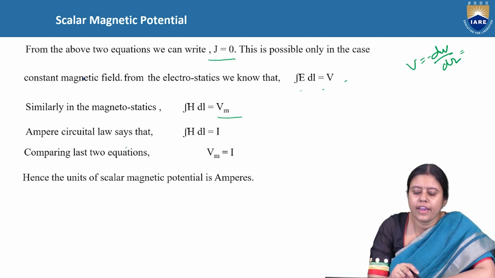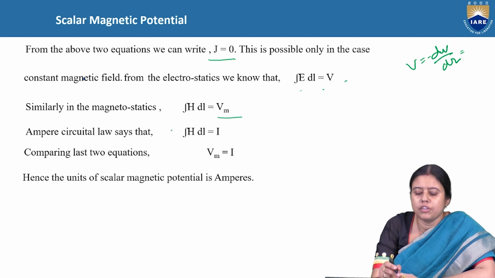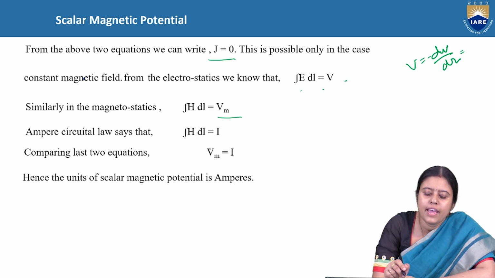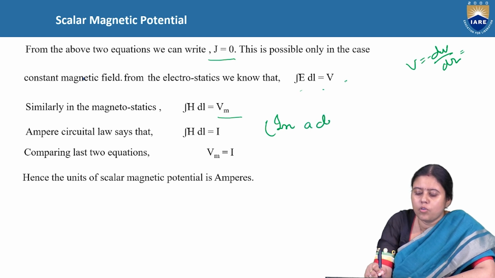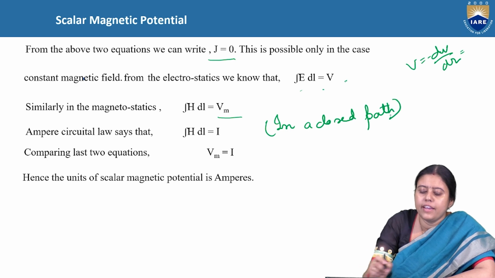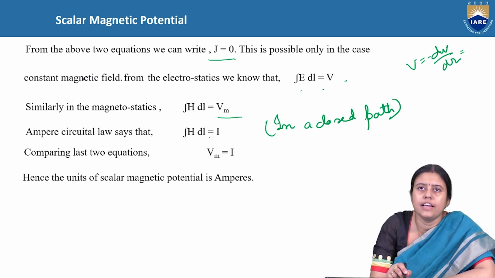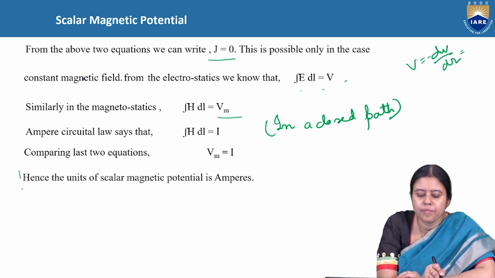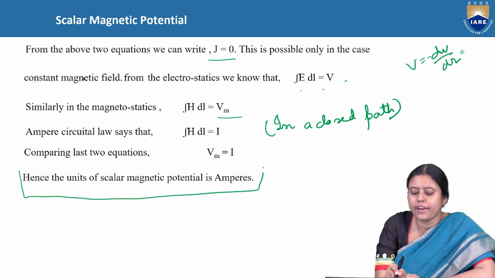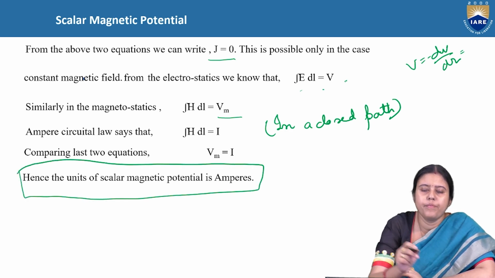Then again, according to Ampere's circuital law, in a closed path, integration of H dl equals I. So comparing these two equations, Vm equals I. So the unit of the scalar magnetic potential is ampere.